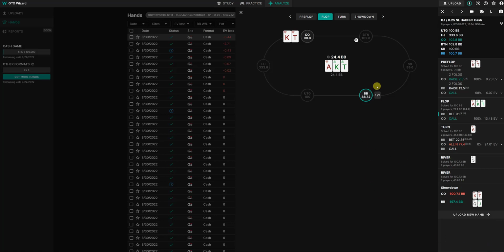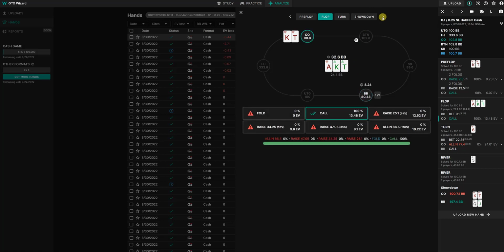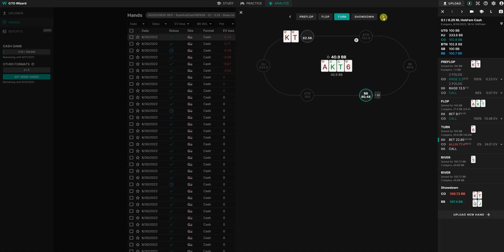So yeah, I was a little bit excited, but also felt a bit of trepidation. This board hits a lot of his range, but I have 2 pair. So he leads for a third pot, and calling 100% of the time is the play, which from memory I did.